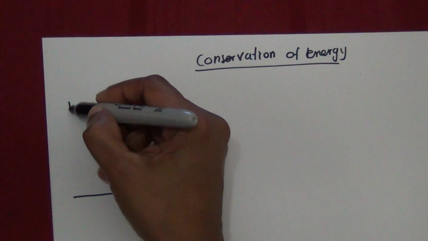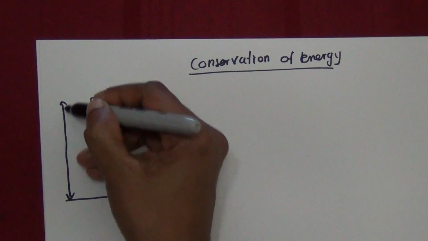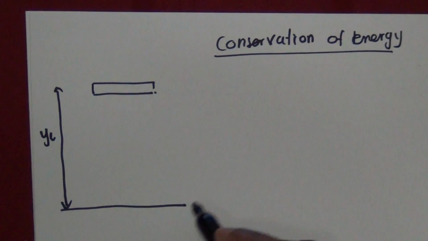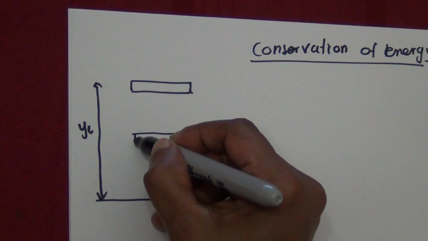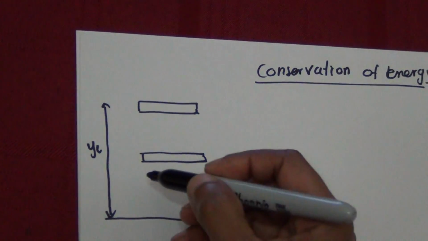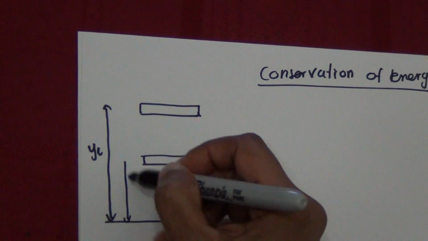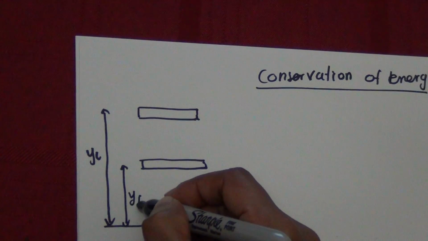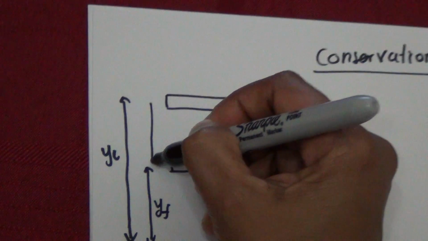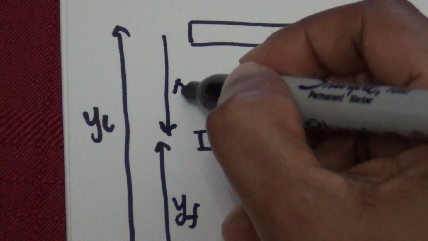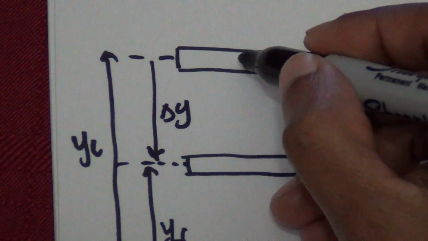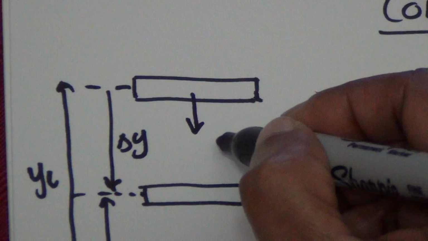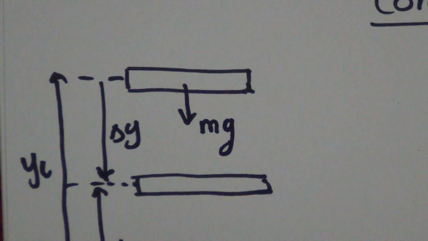Let's take the height as y initial. You drop the book, so the book is now at this level, which from the ground has height y final, and the difference is delta y, right?